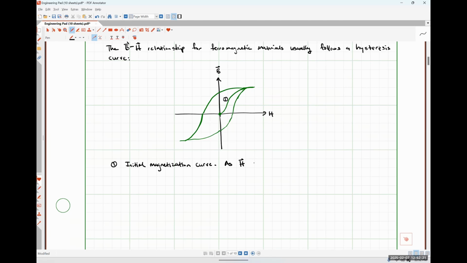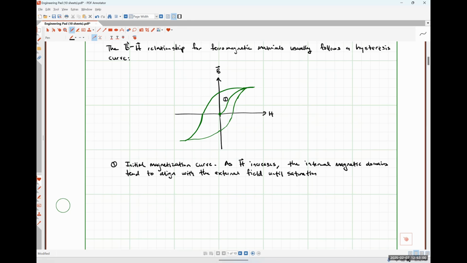As H increases, the internal magnetic domains tend to align with the external field until saturation is reached.